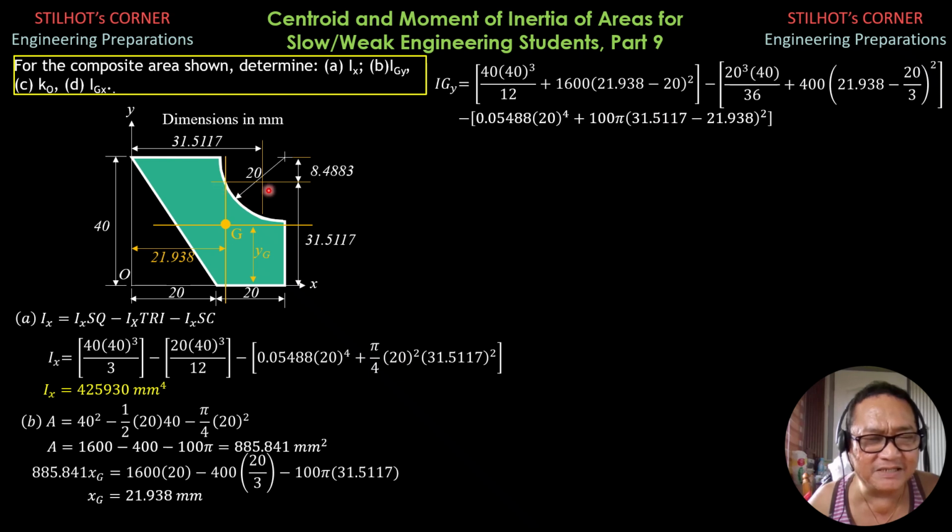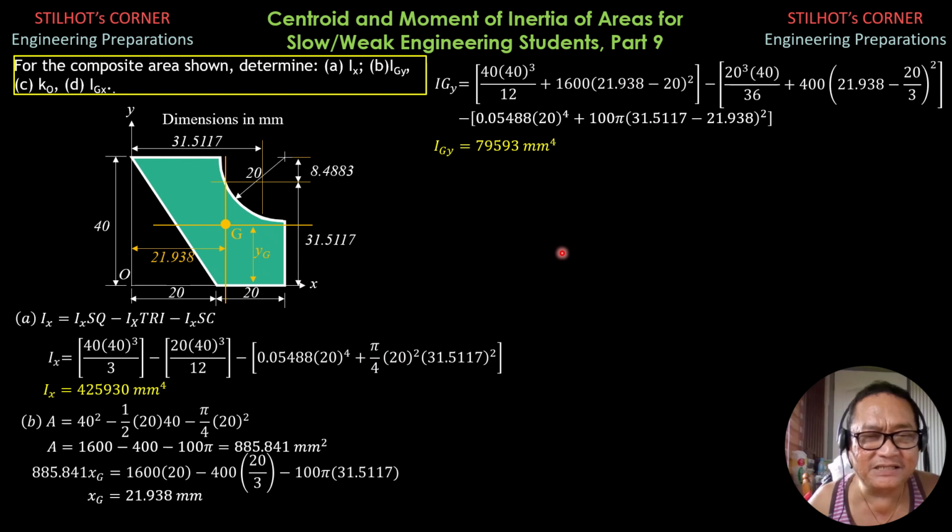So that's the distance between the centroidal y-axis of the quarter circle and this entire net area. So calculating Igy equals 79593 mm to the fourth. If your answer will differ by around 20, that's acceptable because of rounding of values.